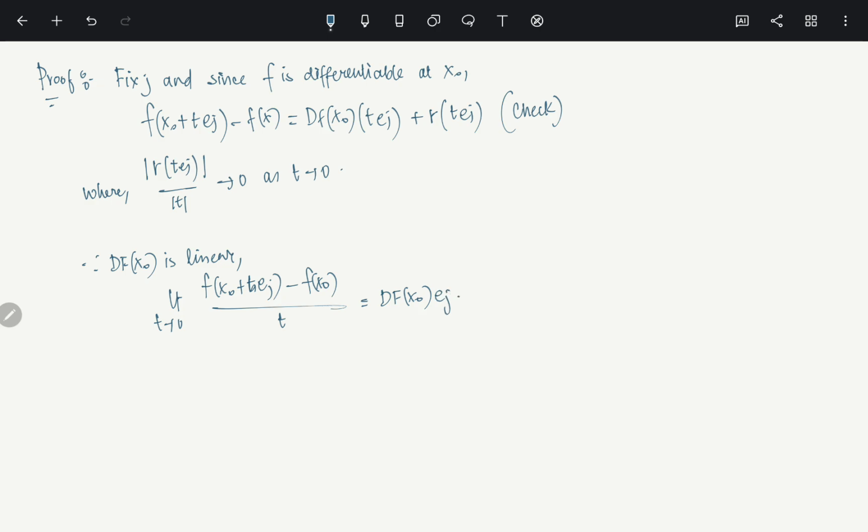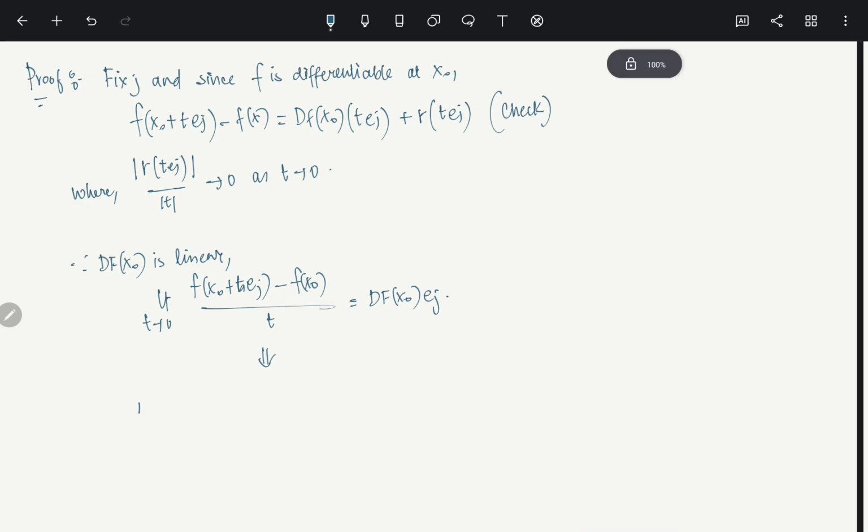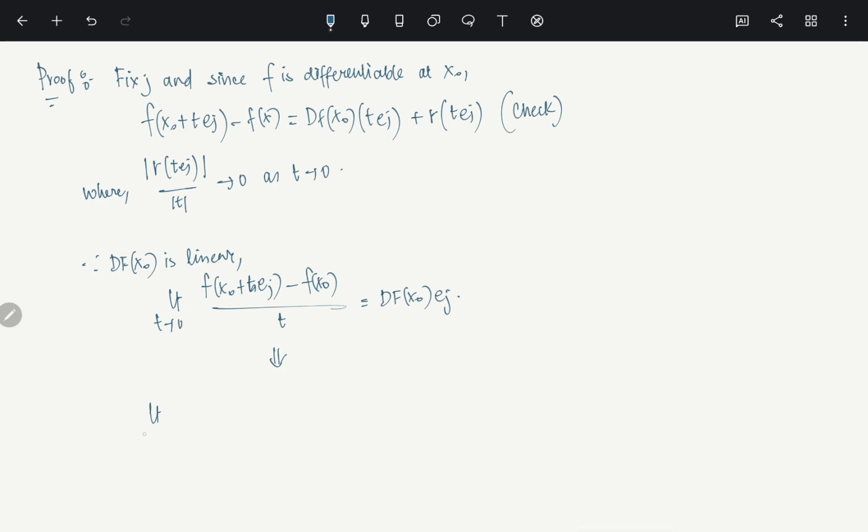Clear? Now you just represent f in terms of components. Since f is in terms of components, f is f1, f2, up to fm. So you can write it as the limit as t tends to 0 of the summation i equals 1 to m of fi of x0 plus t ej minus fi of x0, divided by t, and this is nothing but df x0 acting at ej.